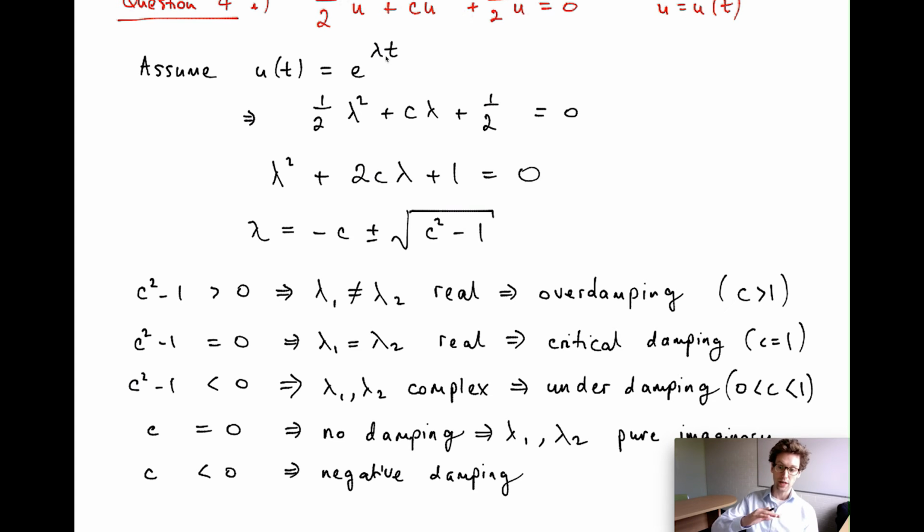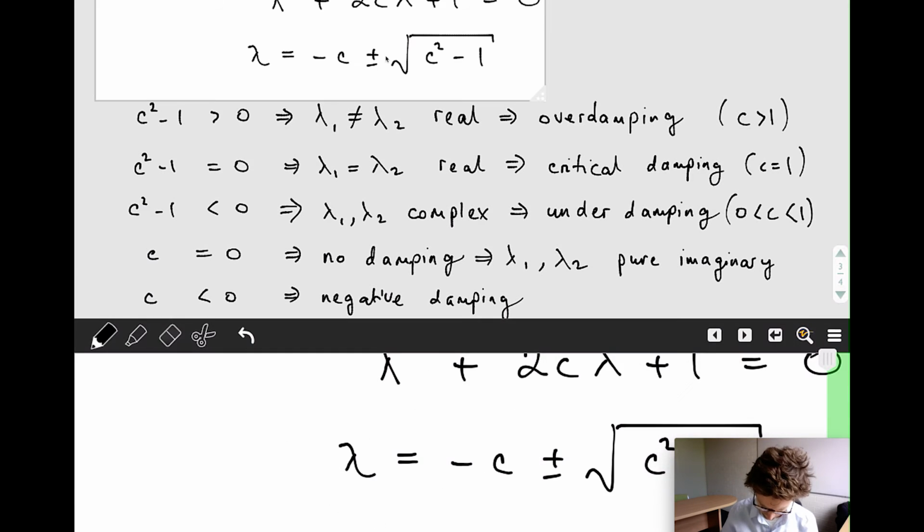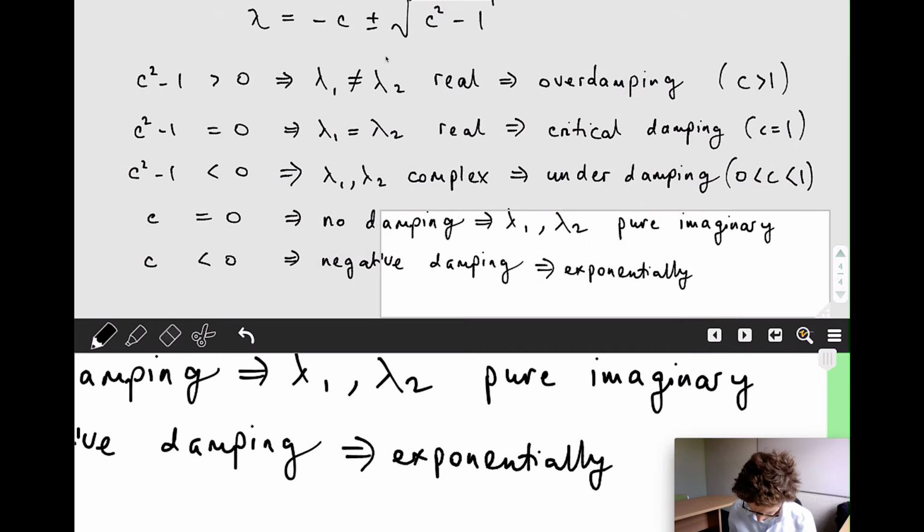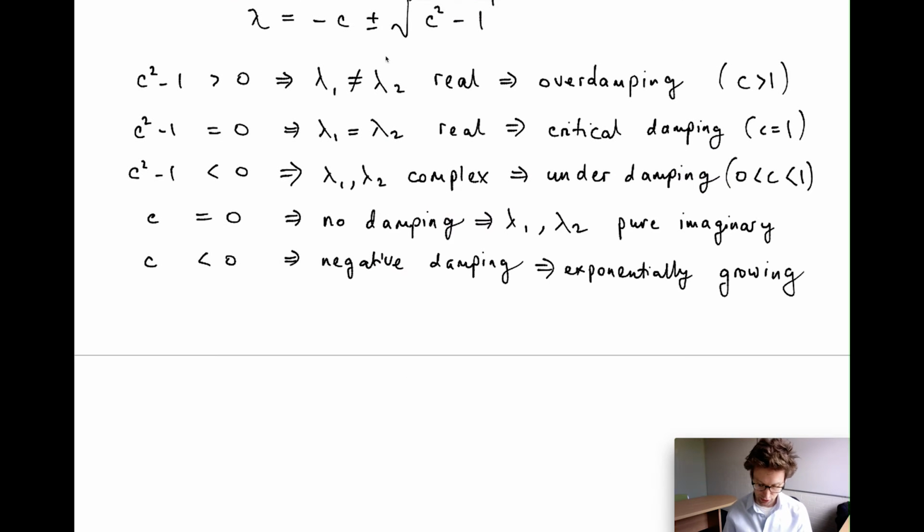So this would actually be an exponentially growing solution. So clearly that's unstable. That's growing without bound. It's growing and growing, and it's what we call the case of negative damping. So of course, real damping is never negative. It will always remove energy from the system. It will cause the system to decay away.